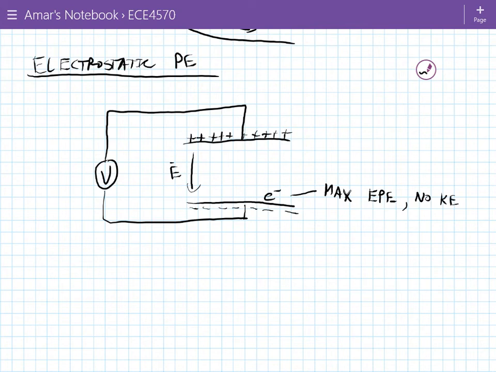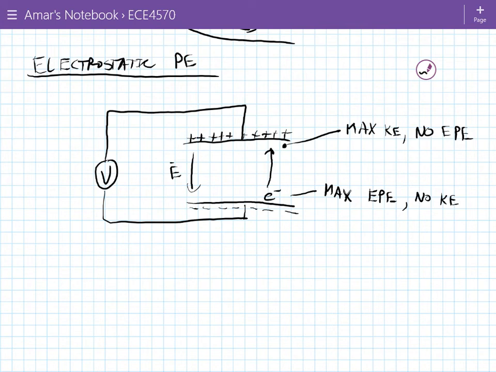The electron moves here, and by the time it gets to this point, now it will be accelerated, right? So at this point it'll have maximum kinetic energy and no electrostatic potential energy. That electron is accelerated. It's just similar to that wheelbarrow going down the hill.